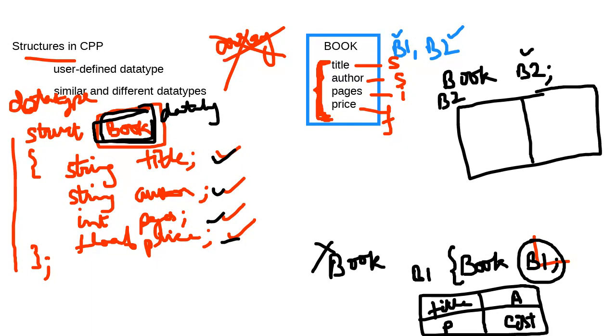Again, in B2, it will have the capacity to store 4 different pieces of information, right? One is title, other one will be author, right? फिर बना pages, and then the cost or the price of the book.